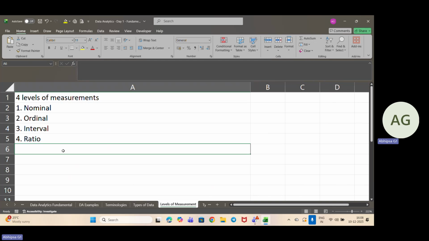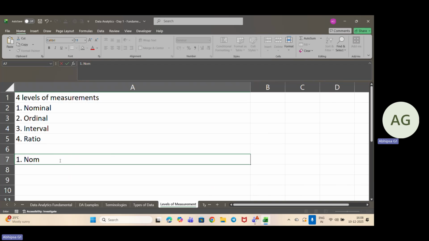Okay, so now we have this nominal level. Nominal levels are names only, right? Let's take it one by one. Nominal levels are names only. It is the simplest level, where the data is only names, labels, categories.